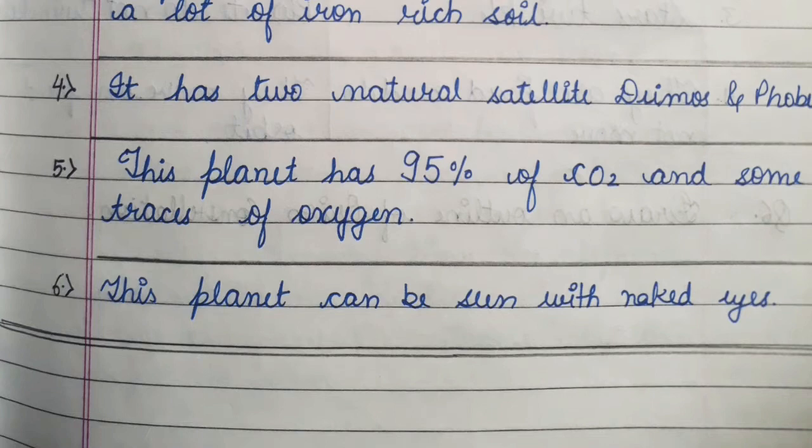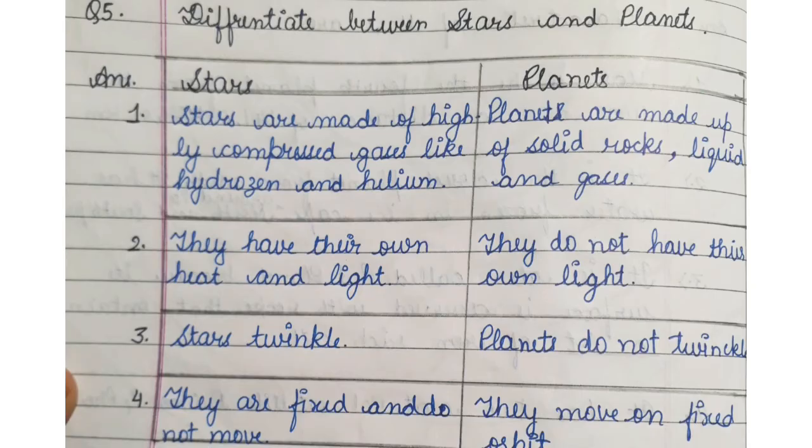Now friends, our fifth question is differentiate between stars and planets. So we have to tell about the difference between the stars and planets. We have to make a table, and in that we have to differentiate the stars and the planets. First point, in the stars portion we can write that stars are made up of highly compressed gases like hydrogen and helium, and the planets are made up of solid rocks, liquid and gases.